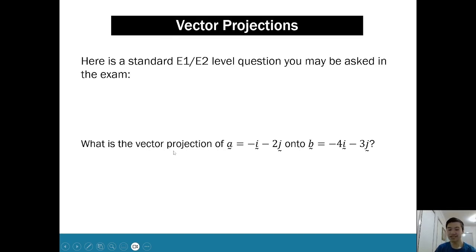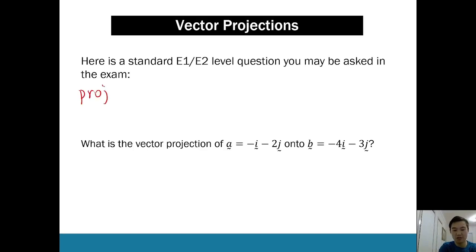Here's a standard E1, E2 level question you might be asked in an exam. What is the vector projection of A onto B? Here we have A as -1, -2, and B as -4, -3.